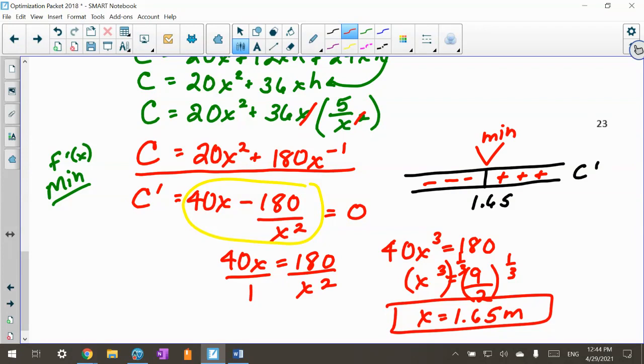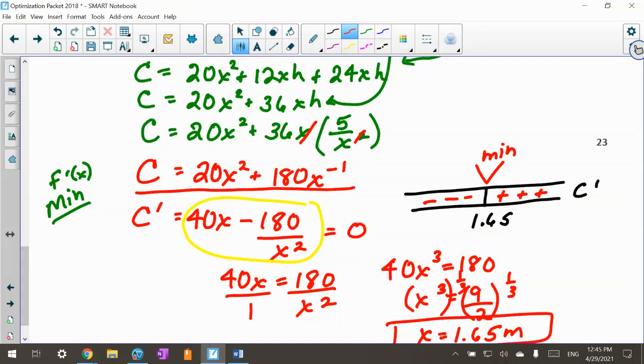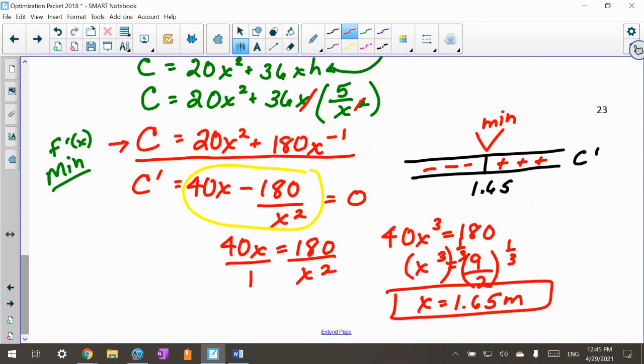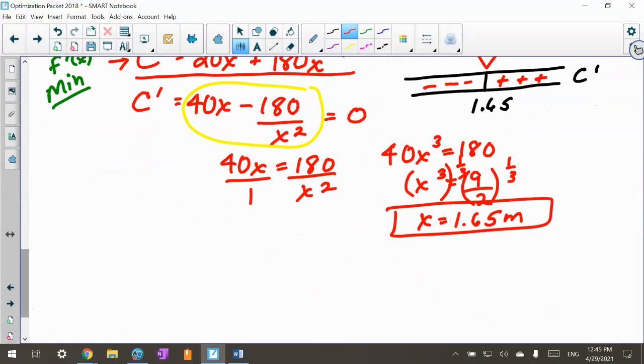It just says find the cost of the materials. So basically what you're going to do now is plug this into the cost equation, which is right here. Take the cost.